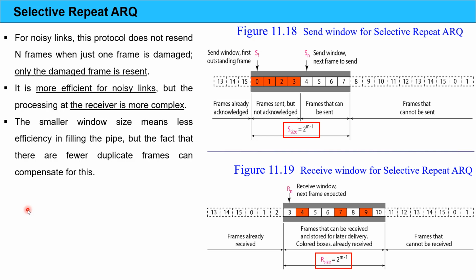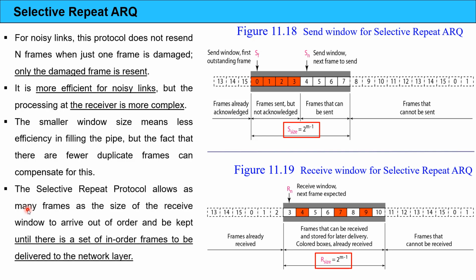It means less efficiency or less utilization of the link. If you remember the example from last class, the utilization percentage of the link. So a decreased window size means I decrease the number of transmitted frames, which means less efficiency or less utilization of the link.